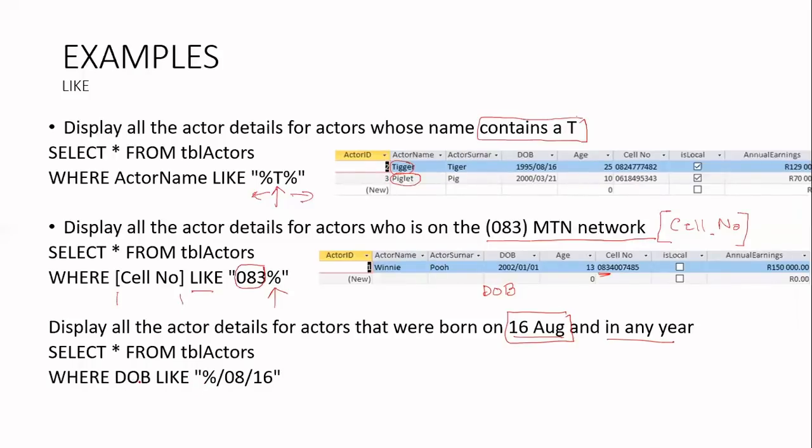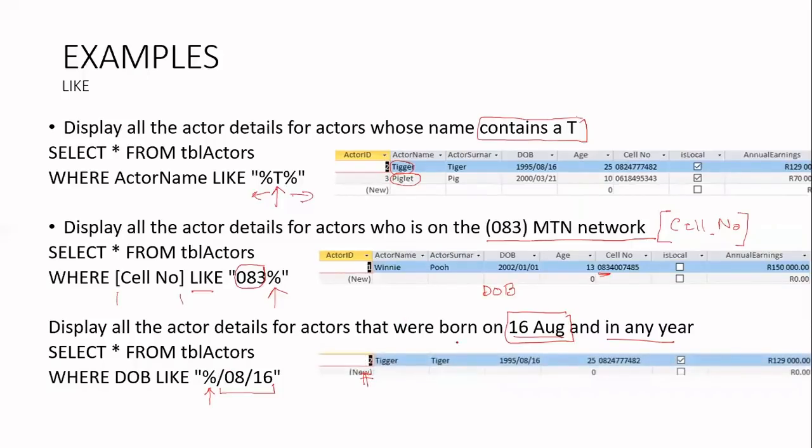We are saying where the date of birth is LIKE, and this is where the percentage is, and the rest of it is fixed. The 08/16. And because we are treating it like a string, you will notice that I did not make use of the hash. I've not enclosed it between a hash because LIKE works on a string and I'm treating it like a string. So that works. And if you run that, then you will find that we've got Tigger, who's born on the 16th of the 8th month, which is August, and the year was 1995.